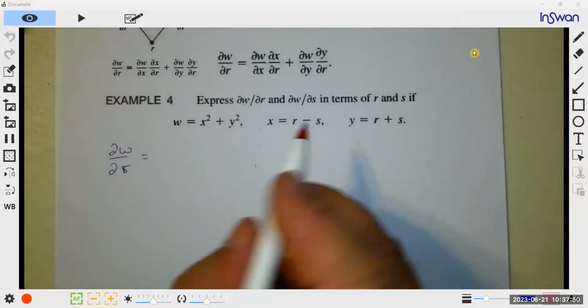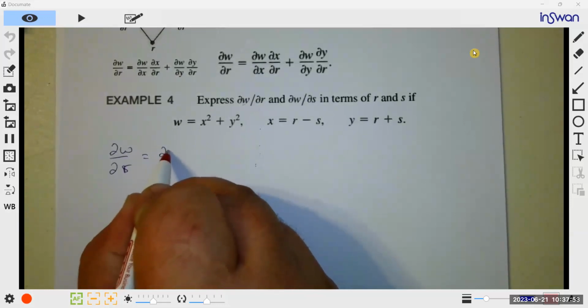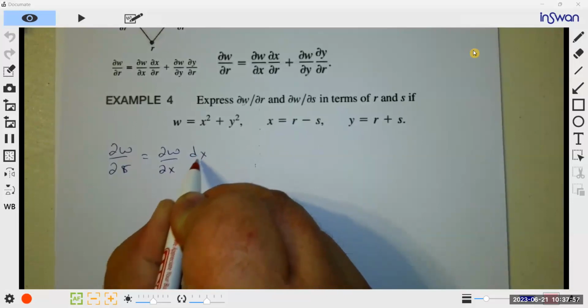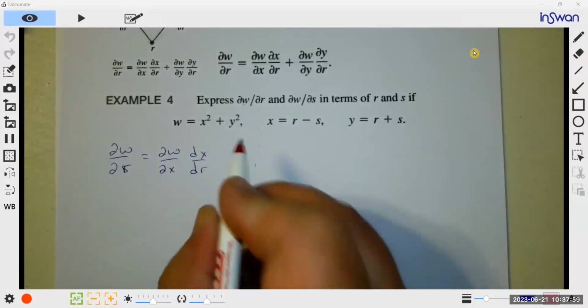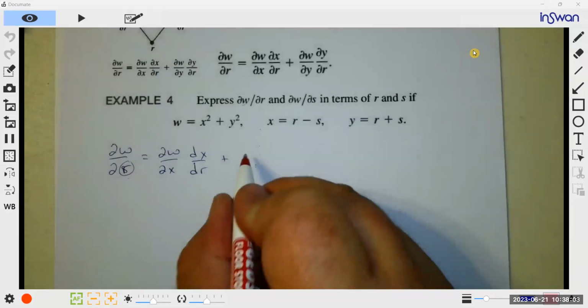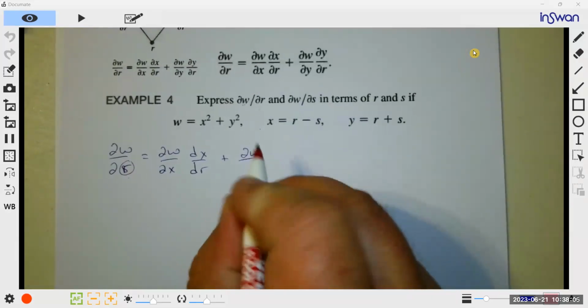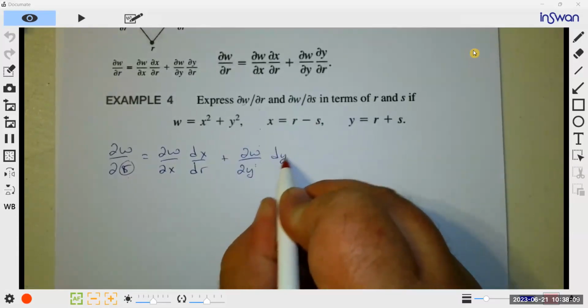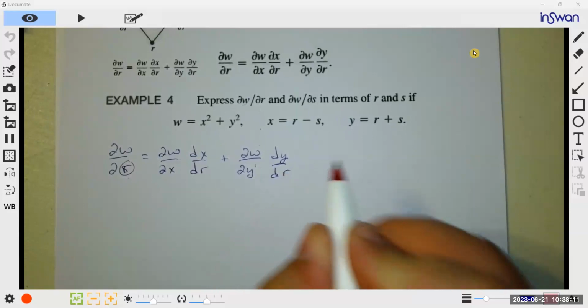We only have two variables, so it's partial of w over partial of x, dx dr, because that's what I'm looking for. The next one is partial of w, partial of y, that's the second variable, dy dr.